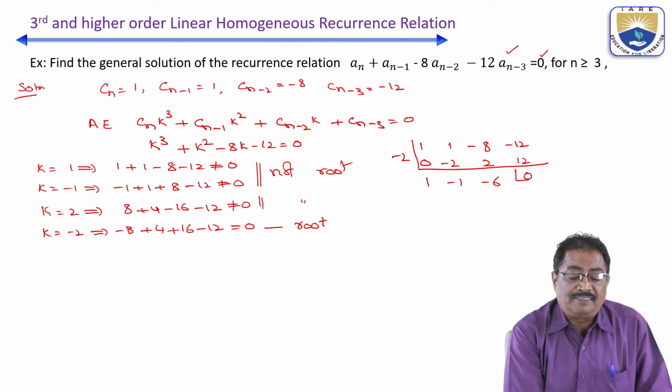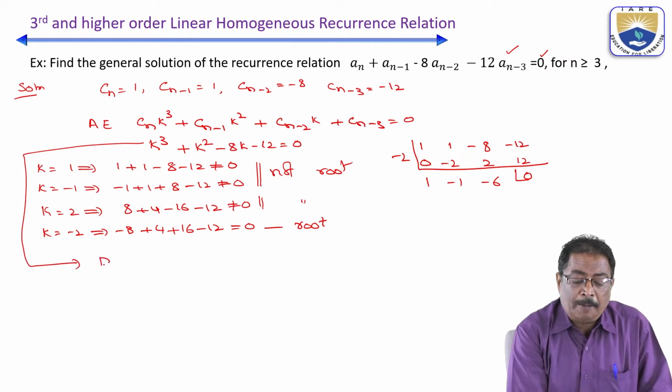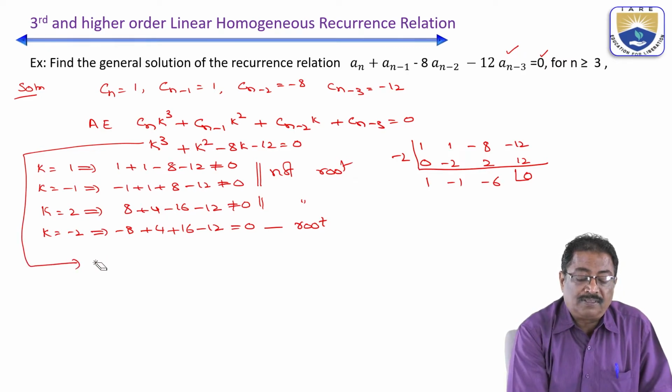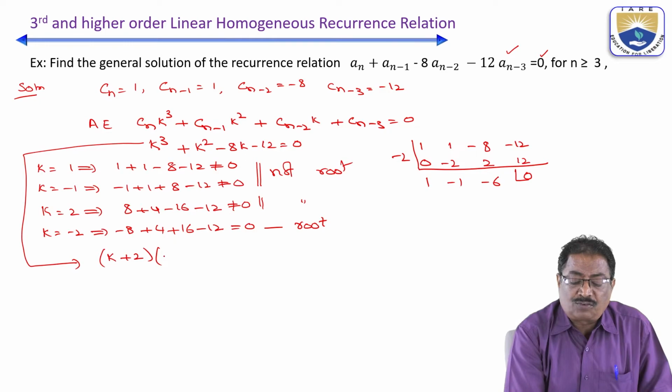So I am going to write the factors as k plus 2 into k squared minus k minus 6 equals 0.